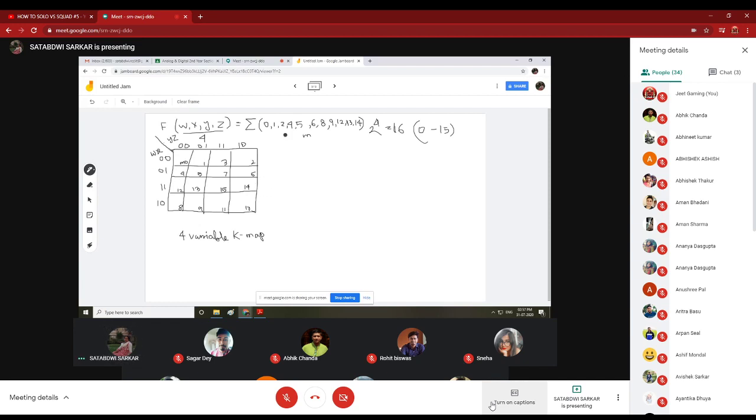So here it is 0, so we have to put 1. Here it is 1, so that is M1. For the M1 position we have to put 1. This is M2, so we put 1 here.